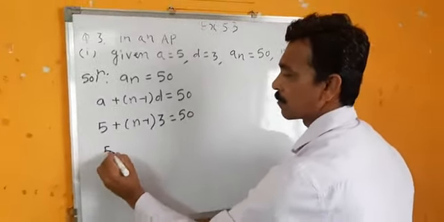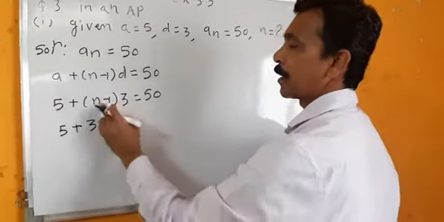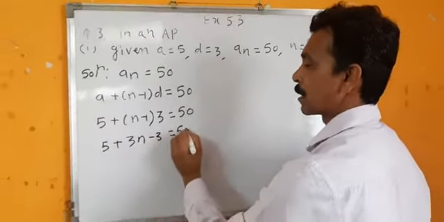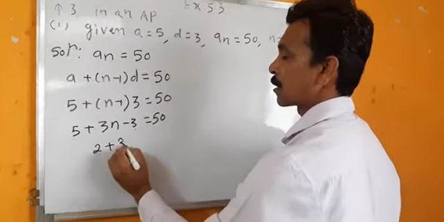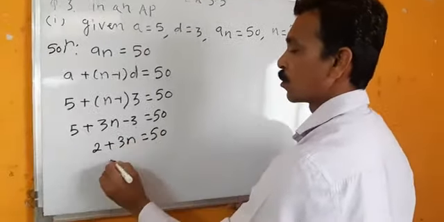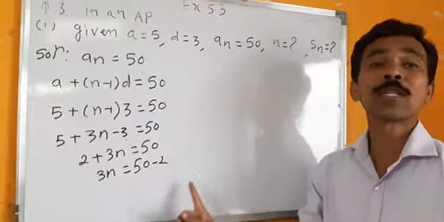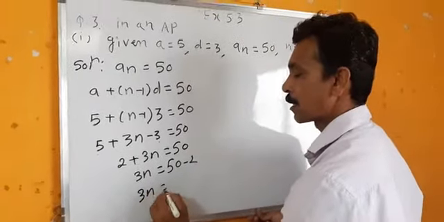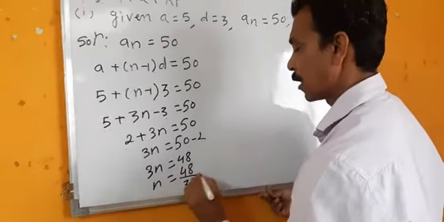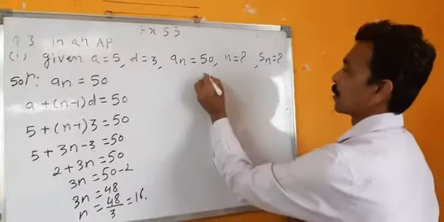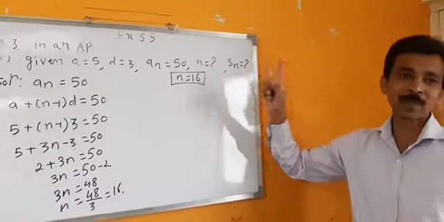Then 5 plus, open the bracket, 3 into n, 3n, 3 into minus 1, minus 3 is equal to 50. 5 minus 3 is 2, plus 3n is equal to 50. 3n is equal to 50 minus 2, because this 2 comes on the right hand side. 3n is equal to 48. n is equal to 48 upon 3, which is 16. So n is 16.